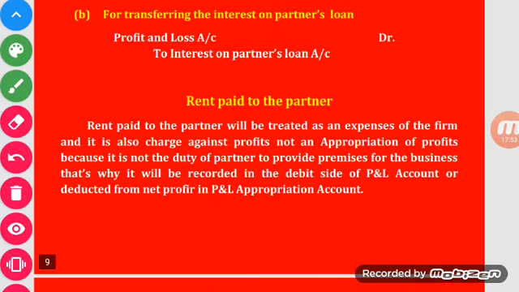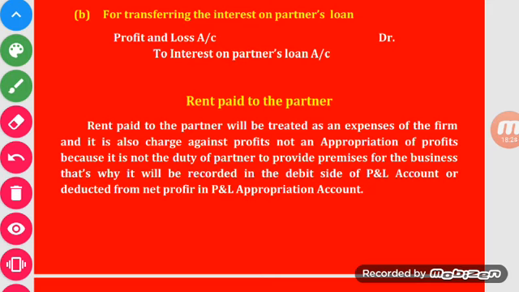The next, third point is rent paid to the partner. The point to be noted here is that rent paid to the partner will be treated as an expense of the firm, as we have discussed before, and it is also charged against profits, not an appropriation of profits, because it is not the duty of a partner to provide premises for the business.